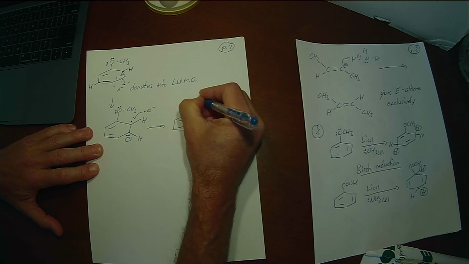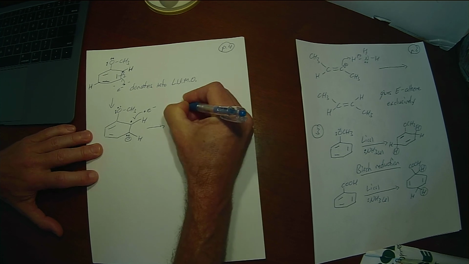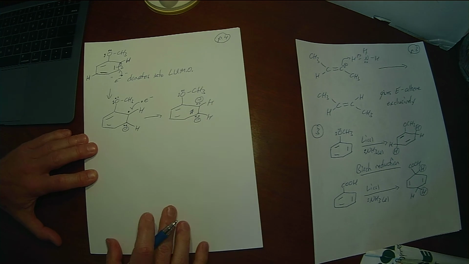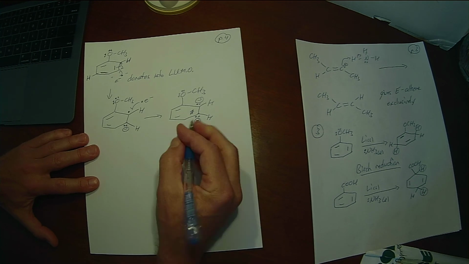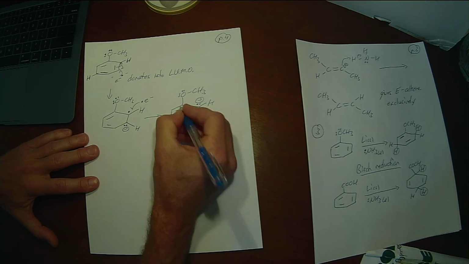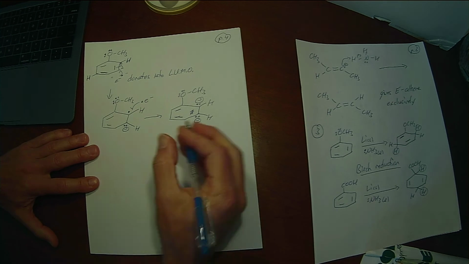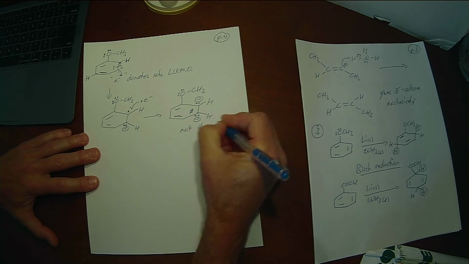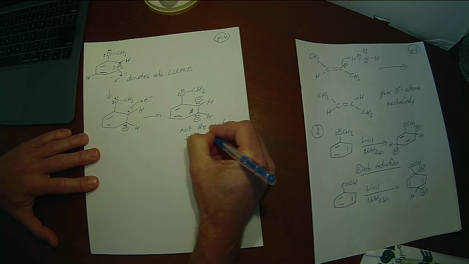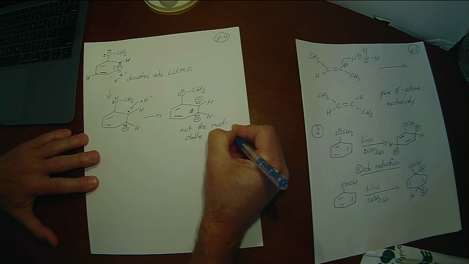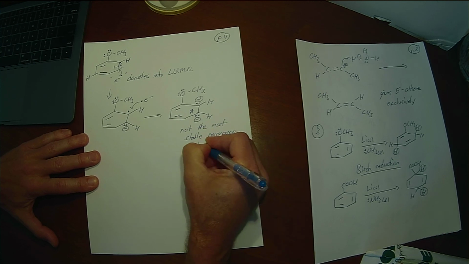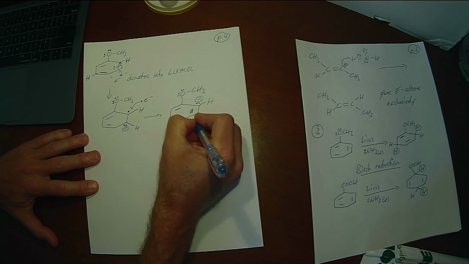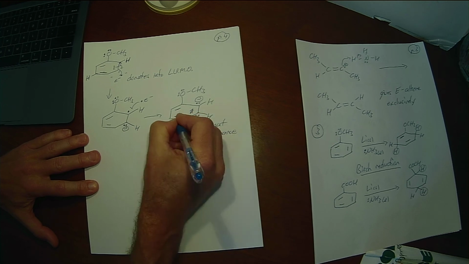But this is probably not the best resonance structure of that dianion, right? Because those two negative charges are now right on top of each other. What can I do to generate a more stable resonance structure? You can make it the 2,5 instead of right next to each other.